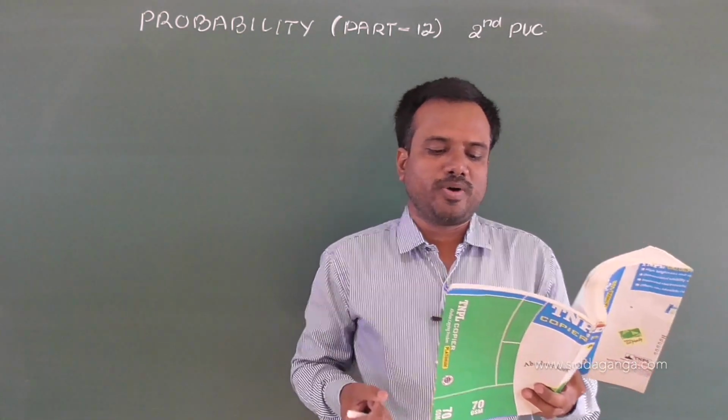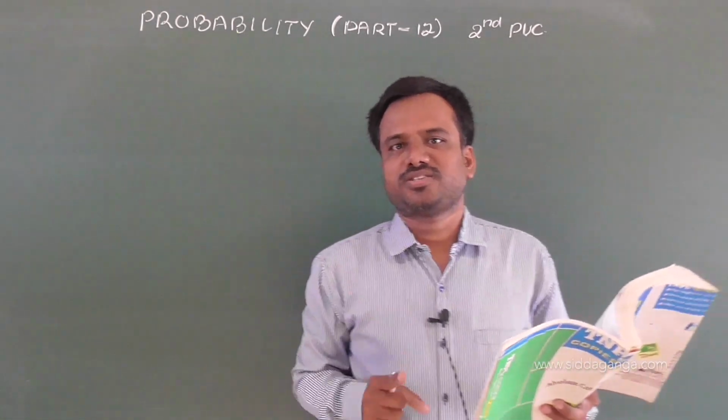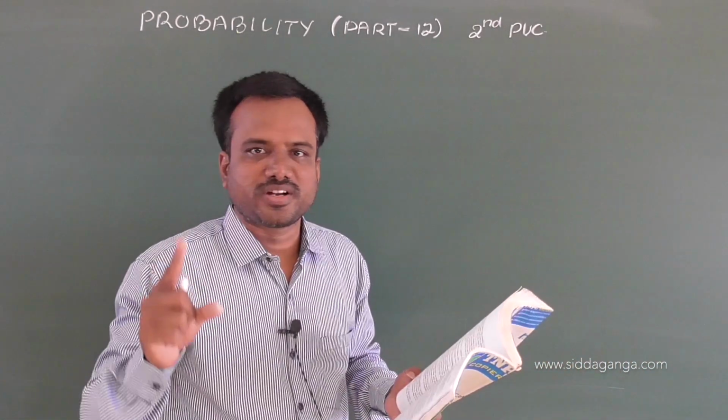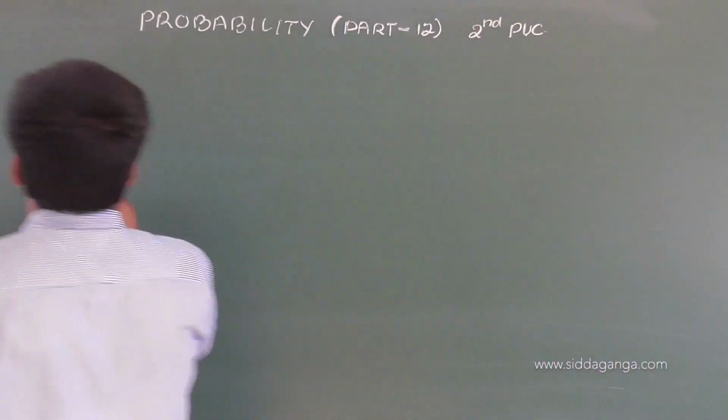Okay, so one by one, machine A we treat as E1, machine B we treat as E2, and machine C we treat as E3. So we write the events.